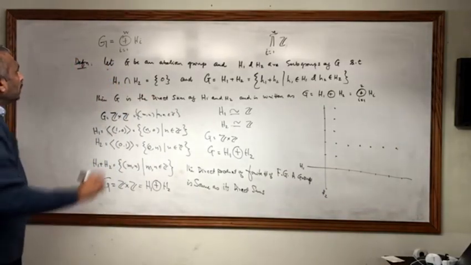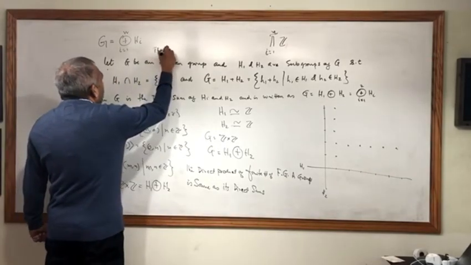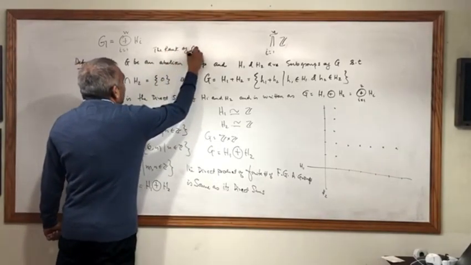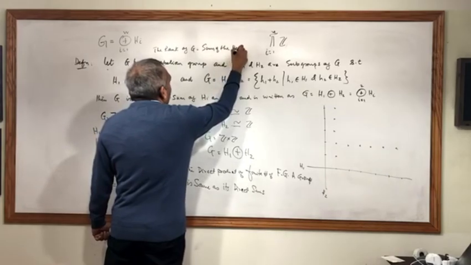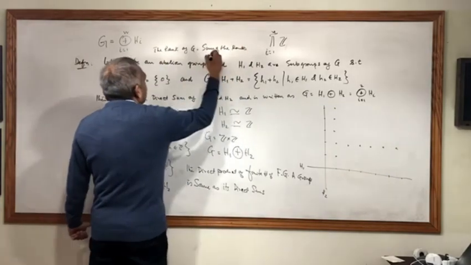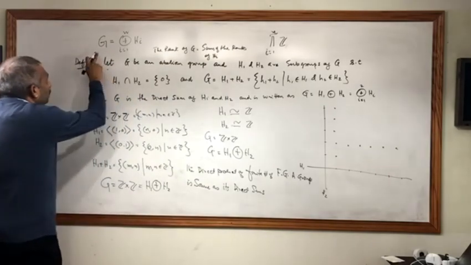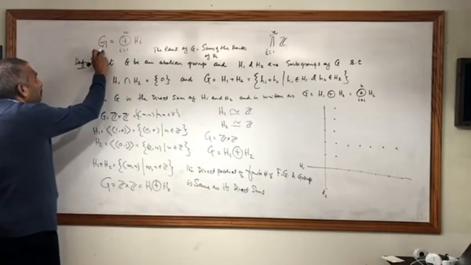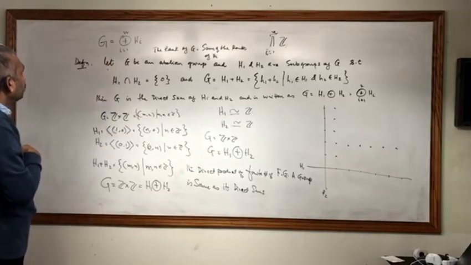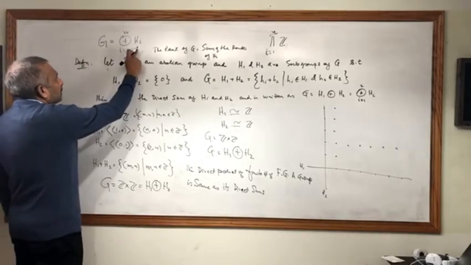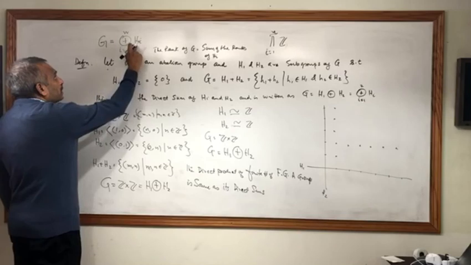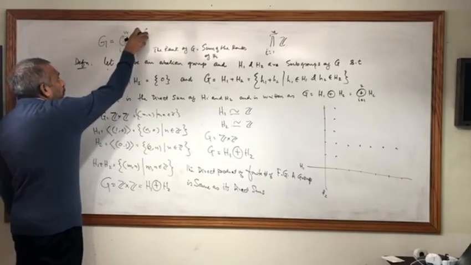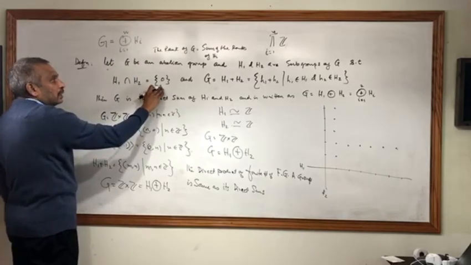Now, the rank of G is equal to the sum of the ranks of the Hi's. Once a finitely generated free group is expressed as a direct sum, the rank of this is the sum of the ranks of these, because if you take any two of the participating groups here, its intersection is 0.